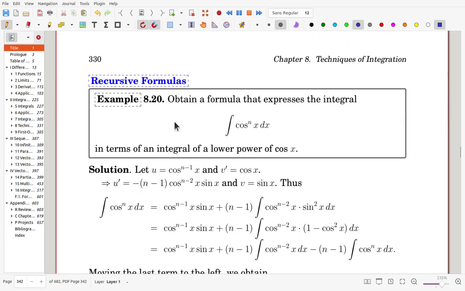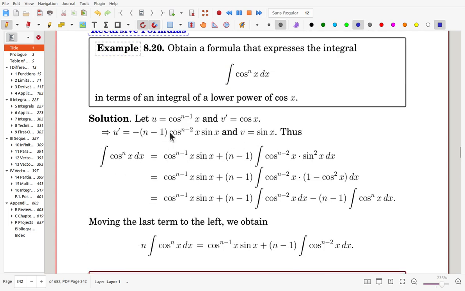Now we have a recursive formula. For example, if we want to get the integral of cosine to the n of x, then we separate it here. Now u is cosine to the n minus 1, and v prime is cosine x. Then the derivative of u has power n minus 2 times sine x, and the antiderivative of cosine x is sine x.